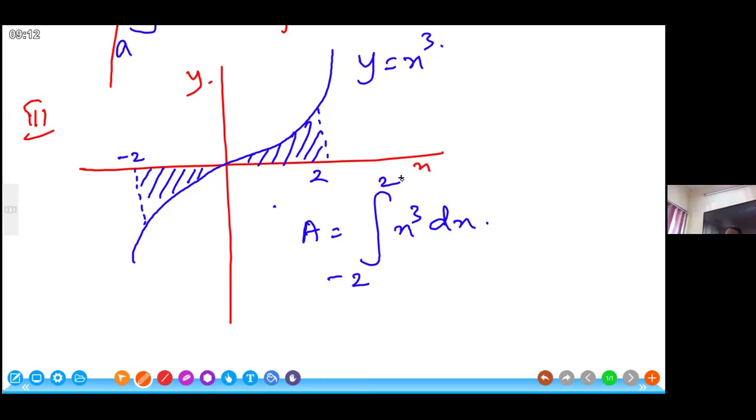Can you find out the answer? I will give you a couple of minutes, find out the answer. What is the answer?